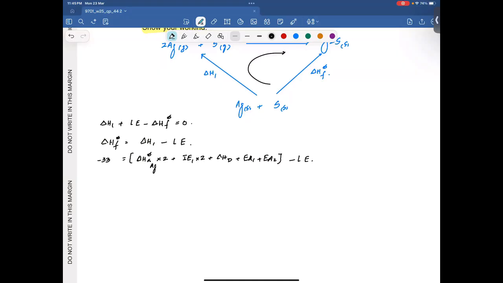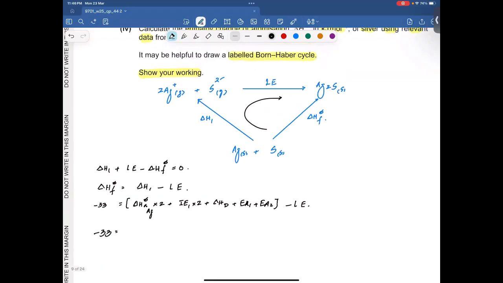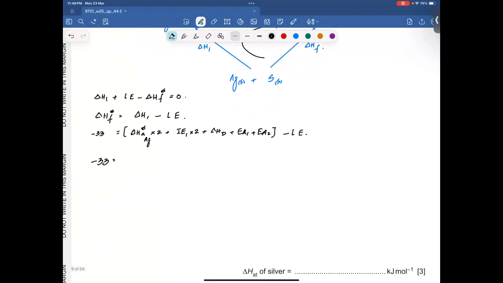Okay, let me plug in the values now. Minus 33 equals, examiner is looking for the atomization value.